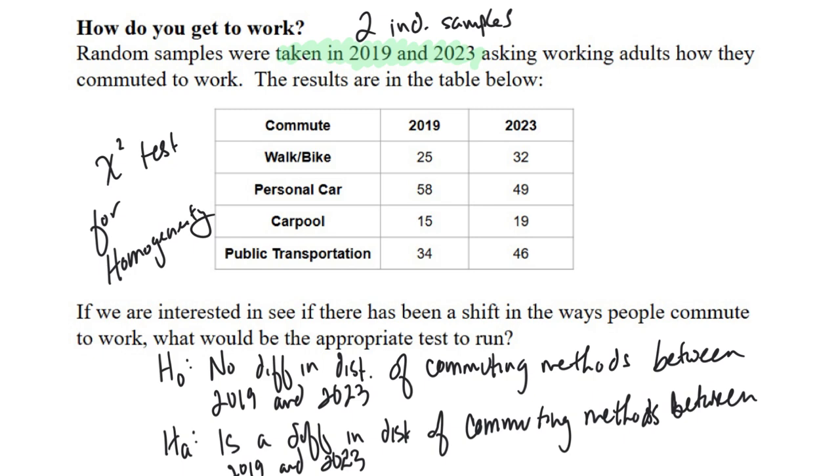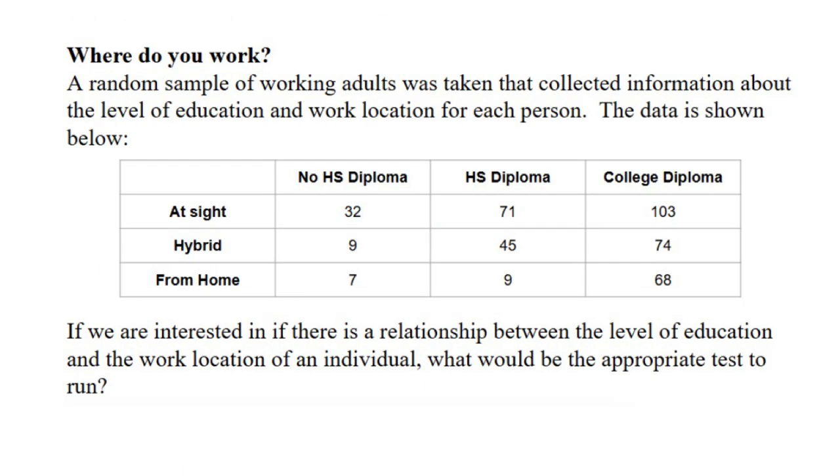So let's look at another example. A random sample of working adults was taken that collected information about the level of education and work location for each person. The data is shown below. So again, a two-way table here. We have three categorizations of education. We have three categorizations of their work site.